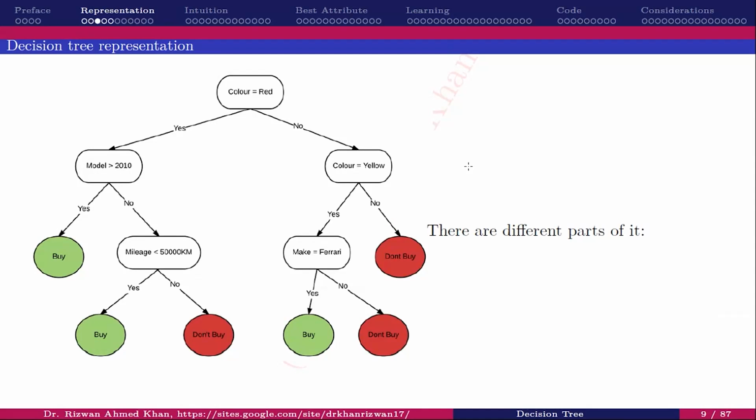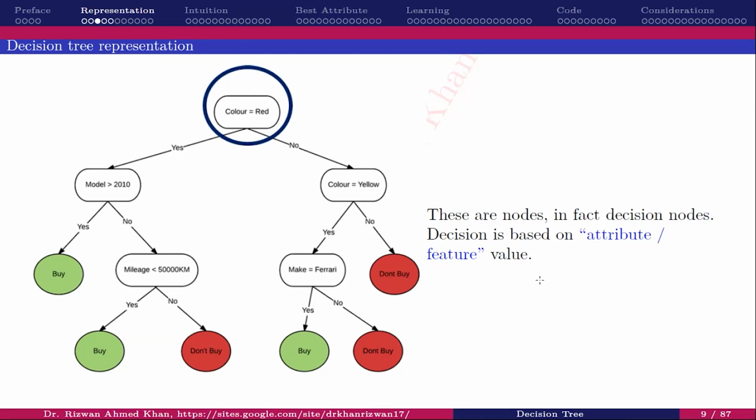There are different parts of a decision tree, as I explained before, just in a bit more detail. This is a node, in fact a decision node. A decision node is based on an attribute or feature value. This would be a data set, I will explain later on. There is an attribute called color, and this attribute is red. Based on this attribute value, we are making a decision.